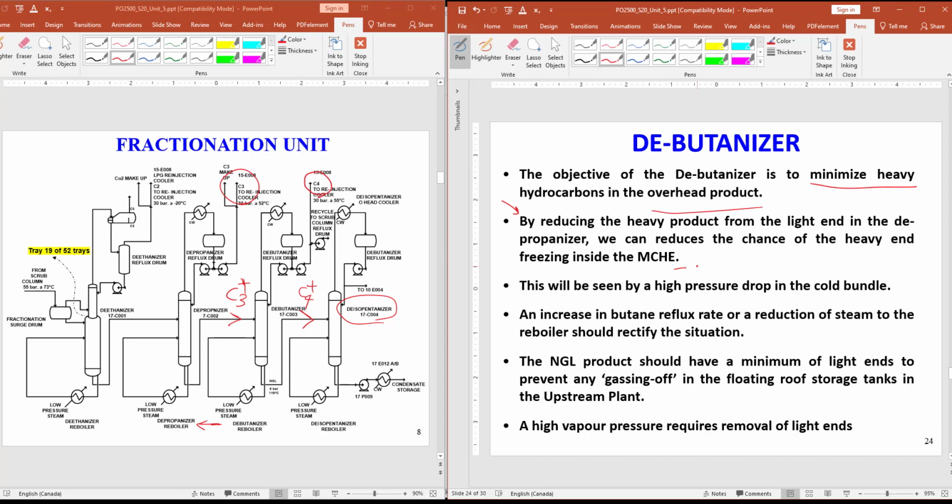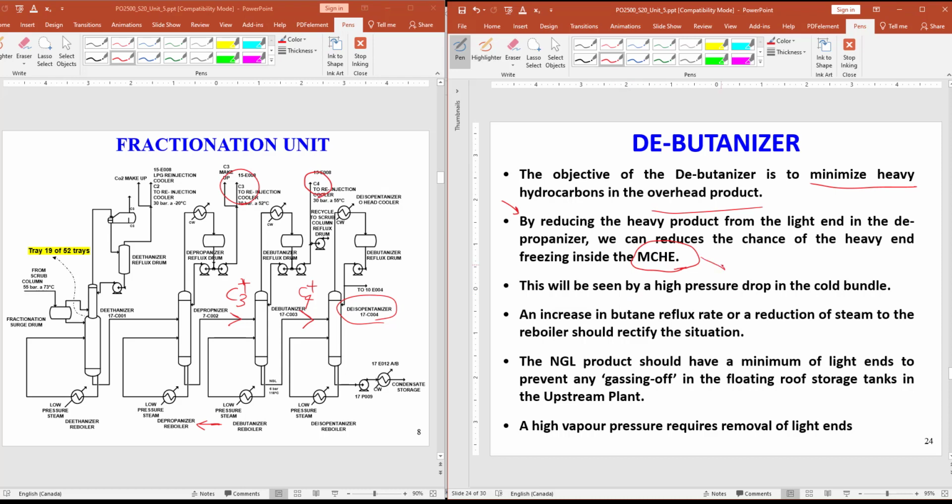Since we send lighter product, the chance of freezing inside that heat exchanger will be less.